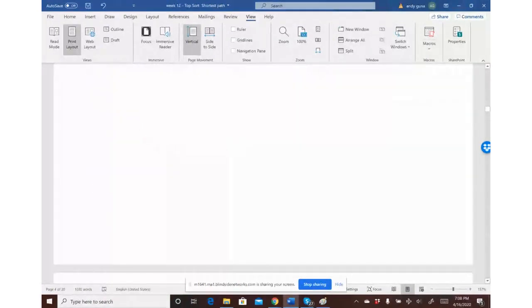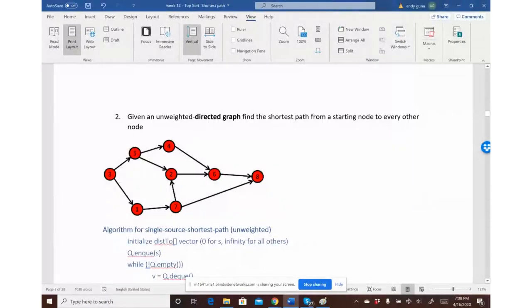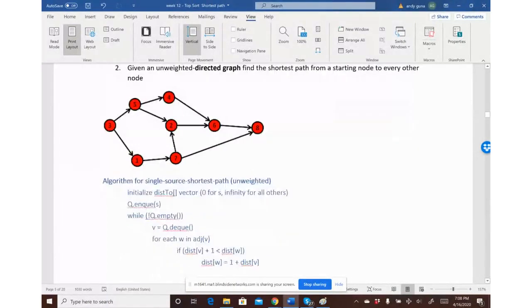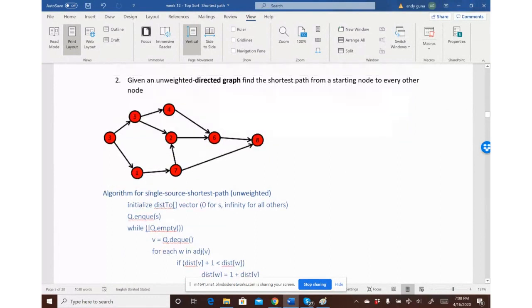So let's do an example here. Here's the way we think about it as an algorithm. We are doing BFS clearly. In this case, I have a directed graph. I'm going to maintain an array called distance2.